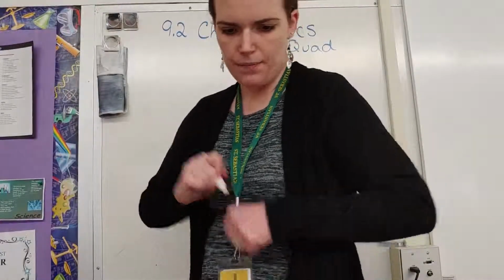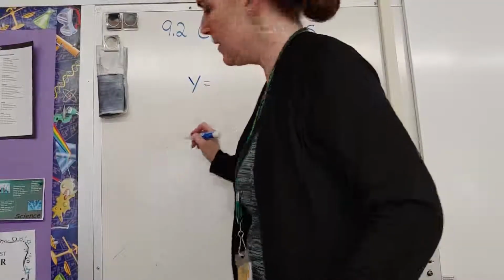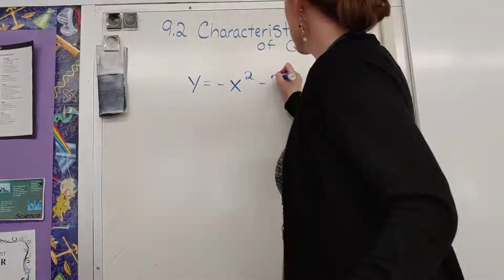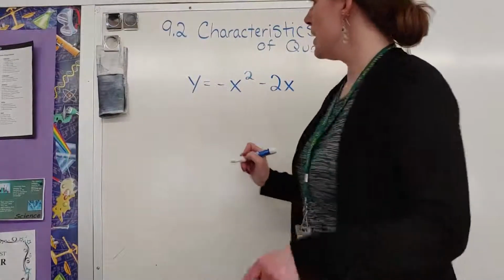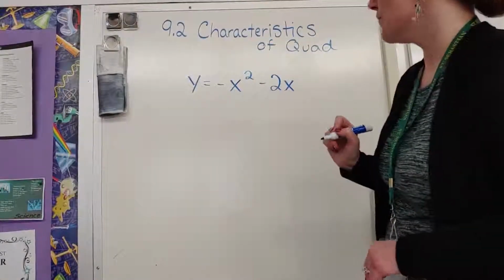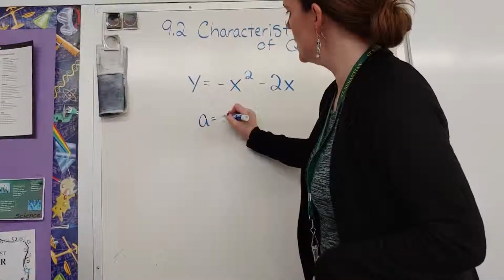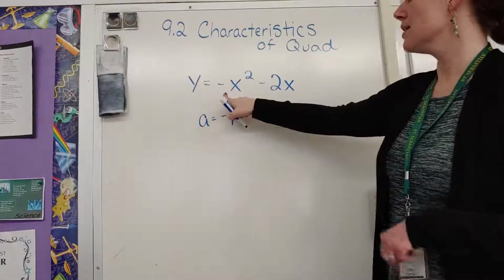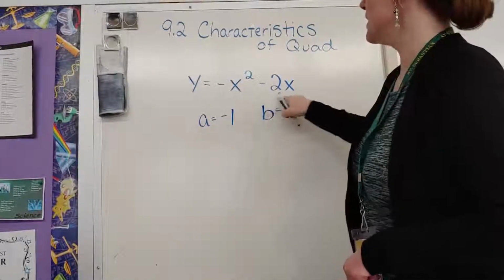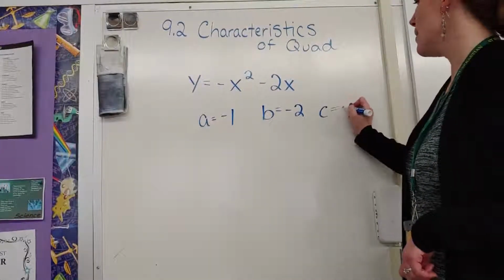If you were given y equals negative x squared minus 2x, and they said find the vertex, your a value is a negative 1 because it's the number in front here. Your b value is a negative 2. It's the number in front there. Your c value happens to be 0.